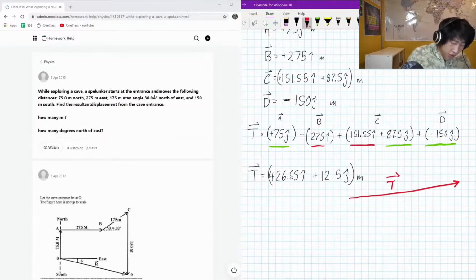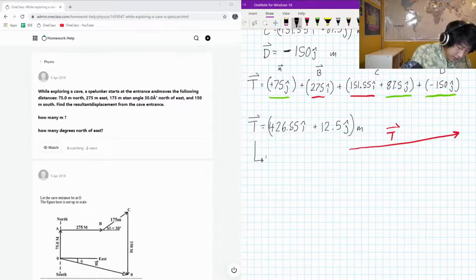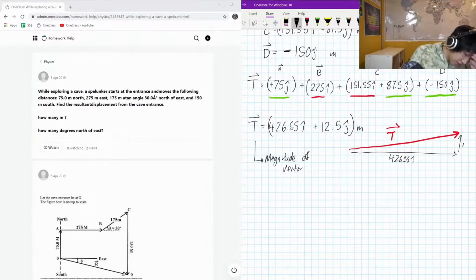So it's asking us how many meters this is. Essentially, what this means is we need to find the magnitude of this vector. What's really being represented here is that this is going to be 426.55I, and this right here is going to be 12.5J.